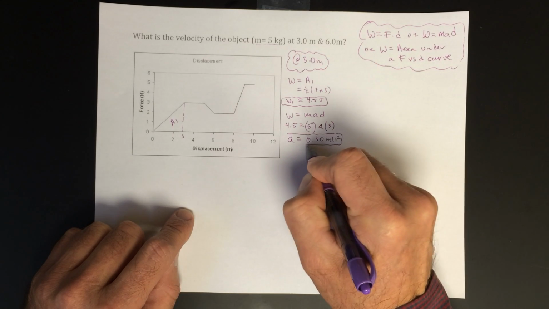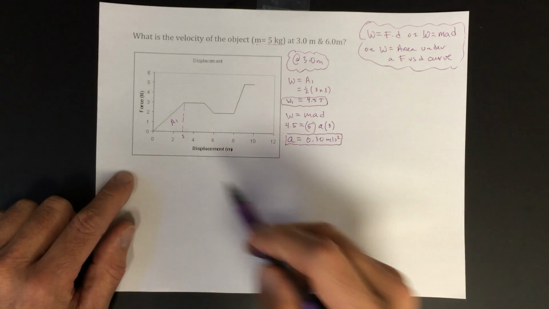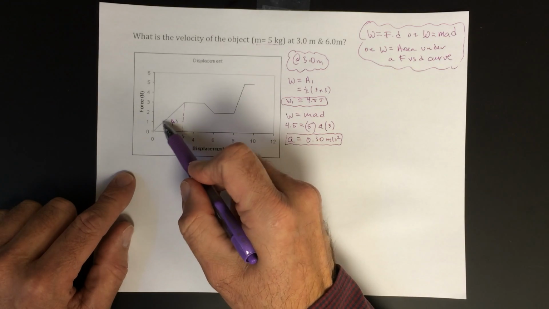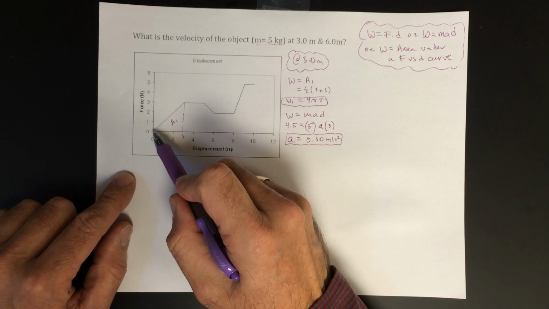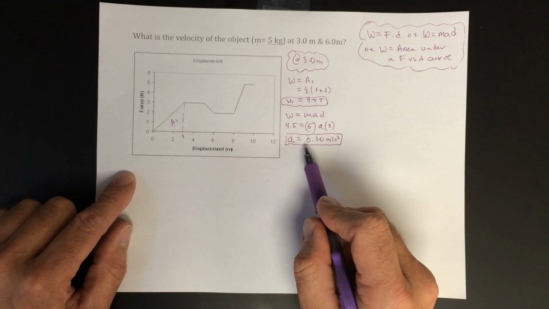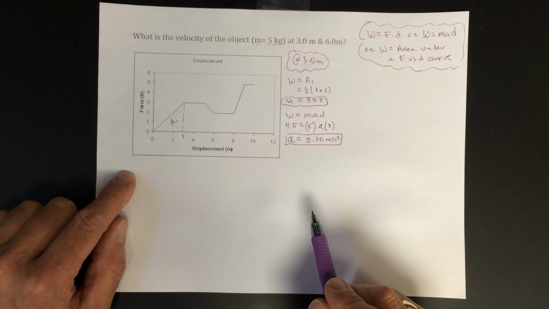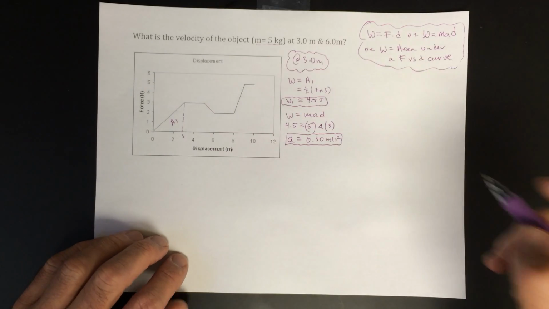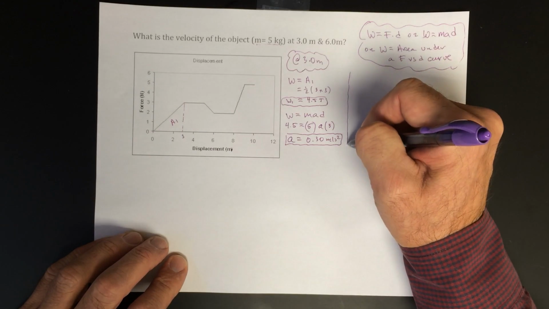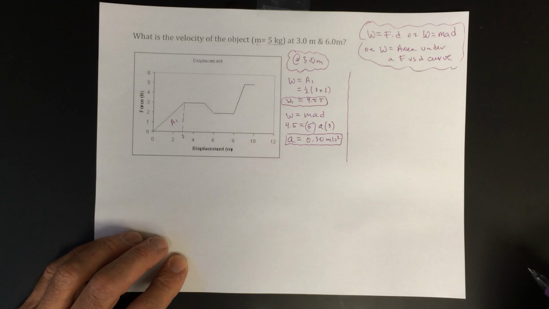Okay, so I know the average acceleration across this line. It's the average. It's not what the maximum is. It's because the force is changing. So this represents the average acceleration in this interval, the distance interval. Okay, so we're going to divide this for neatness.